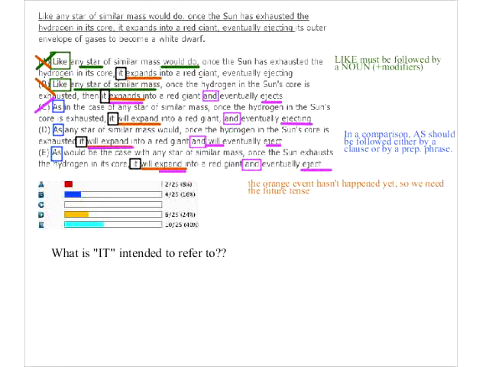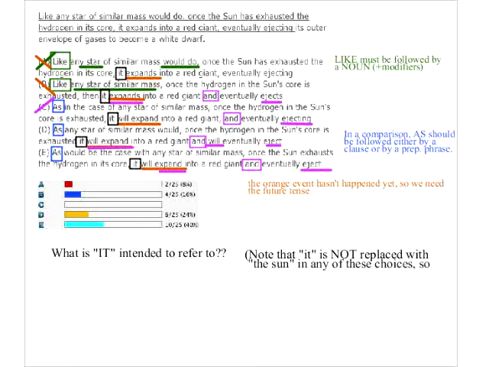Because remember, ambiguity is not a problem here, because it is not replaced with anything. I mean, it is in all five. So there's no replacement here. Therefore ambiguity is not an issue. Note that it is not replaced with the sun in any of these choices.